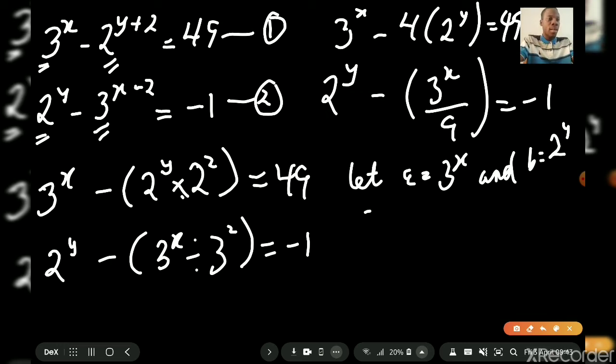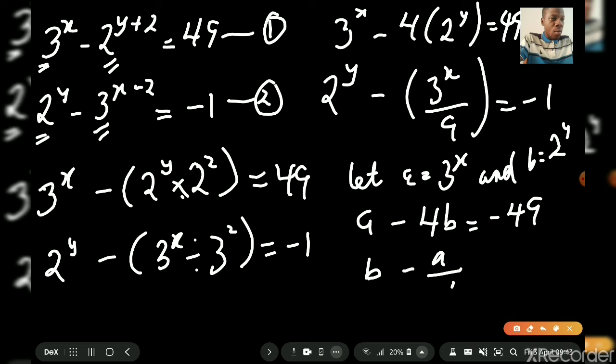So I can say a minus 4b is equal to 49. And then this part is going to be, remember 2 raised to the power y is b, b minus a over 9 is equal to negative 1.